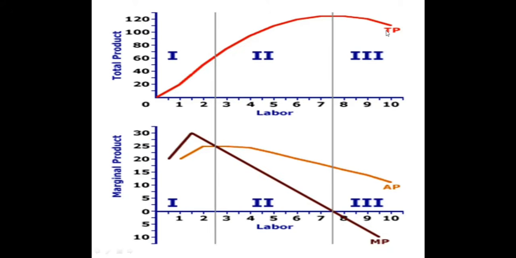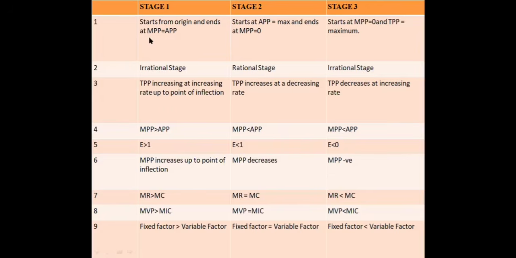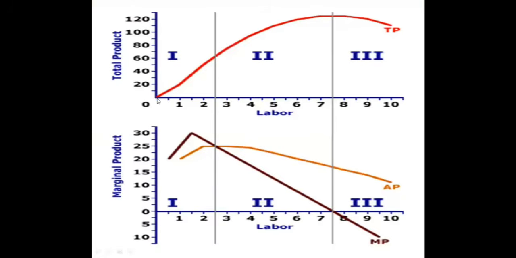This curve is called your MP, that is marginal product, and this one is your AP, that is average product. Stage 1 starts from the origin and ends at MPP equal to APP, right?